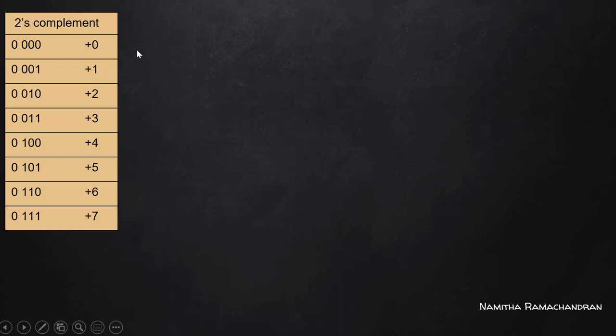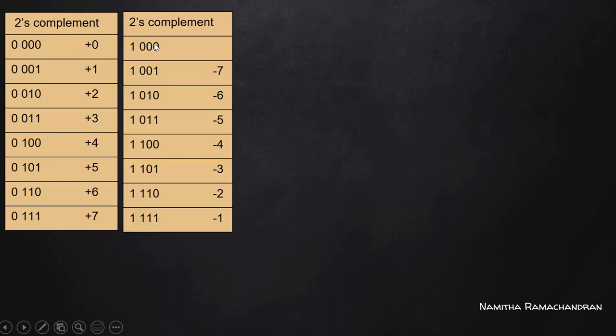Here are the numbers that we have evaluated in our previous slide. These are the numbers that we can represent in 2's complemented form using 4 bits. Here we have positive numbers as well as negative numbers.